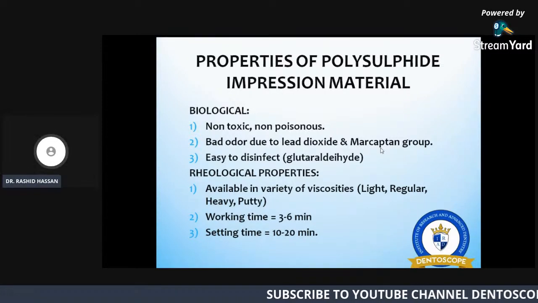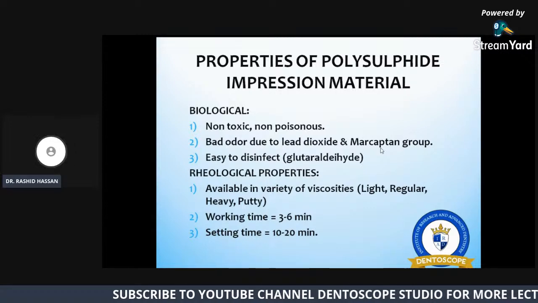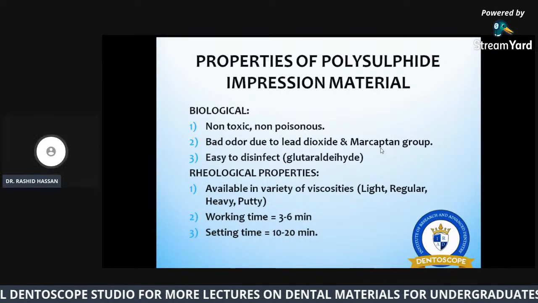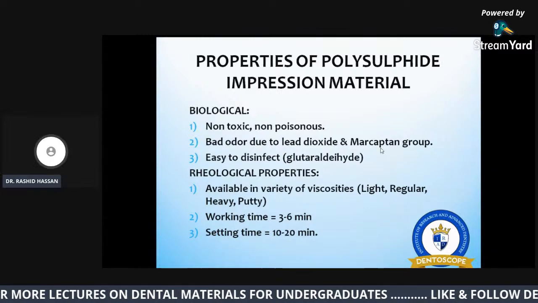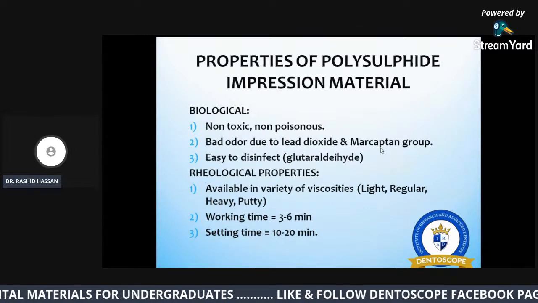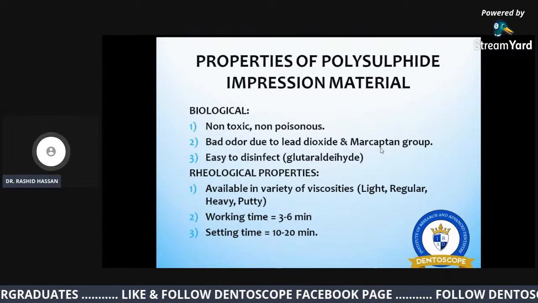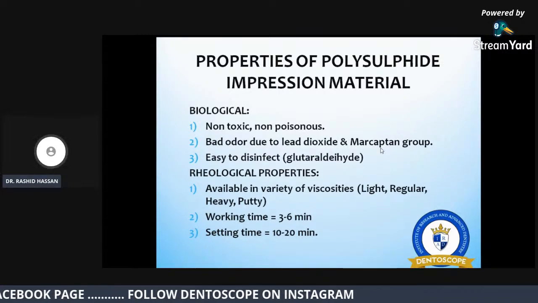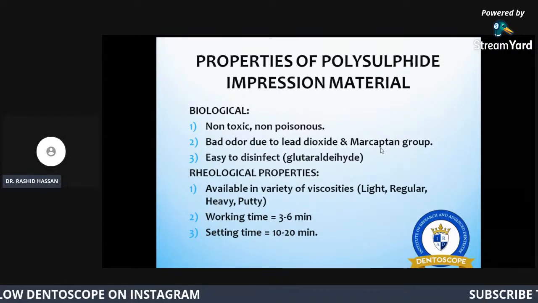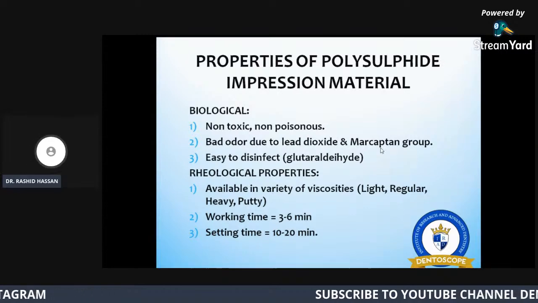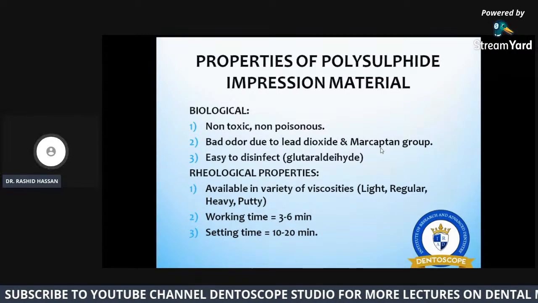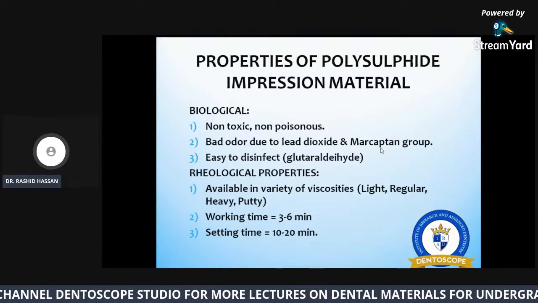It is easy to disinfect by glutaraldehyde. I have told you that at the end of today's lecture I am going to talk about the disinfectants used for dental impressions. I will talk about each and every impression material and the method by which they can be disinfected. It is a very important university question, so please pay attention while I'm doing so.